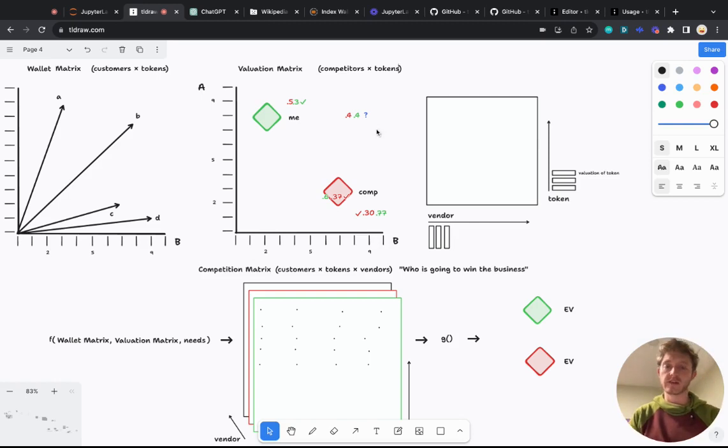I keep oscillating because I've put weird things on here, but we're just saying right now that as we look in the space, if we go further out this way, the price goes down for somebody. Now, if we had a third token, we would have a volume.